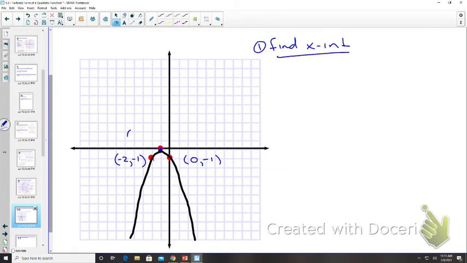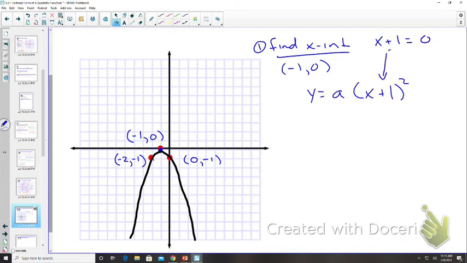So it's negative 1 and 0. Okay, if there's only 1, remember we put this squared exponent on the factored form. So we'll go y is equal to a, x plus 1 squared. Okay, and again, we need x equals negative 1. Okay, so that's how we get that one. It has to be the opposite there.